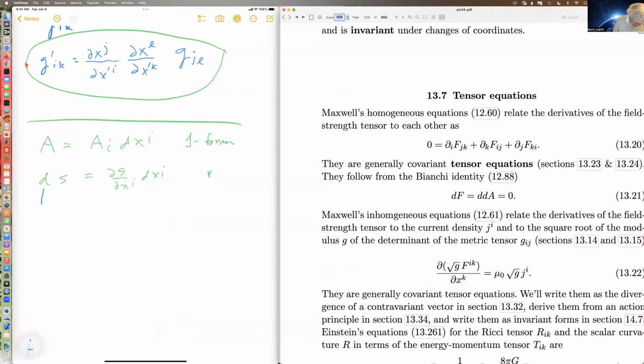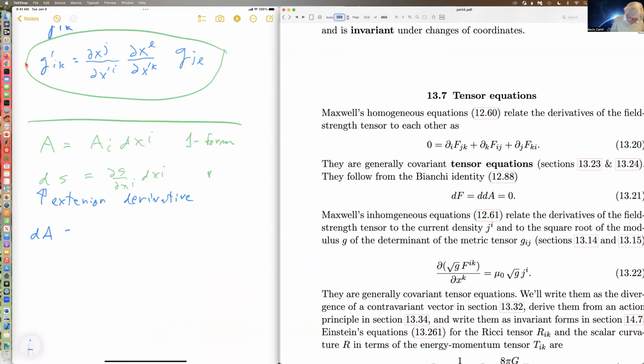This D is called an exterior derivative, and it's actually much easier to use than an ordinary derivative. Let me show you what happens.